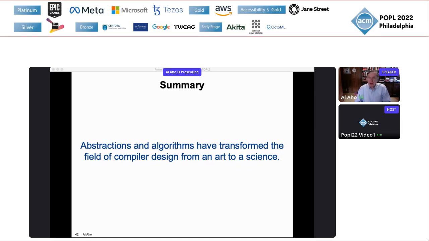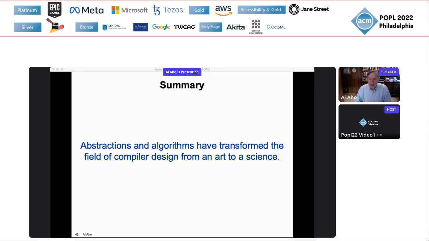This is an excellent question. First of all, when I entered the field of compiler design back in the late 60s and early 70s, there was a holy war going on over parsing techniques. There were many different types of top-down, many types of bottom-up parsing techniques, like simple precedence, mixed strategy precedence, and so on.